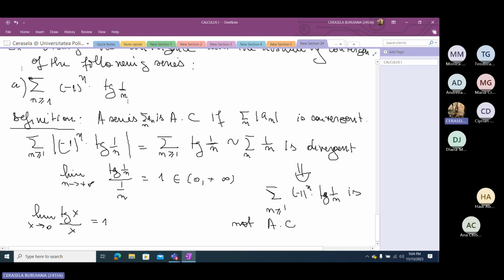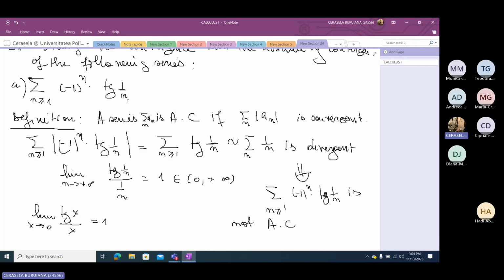To give an answer to this problem, I look at the series and I see that it's an alternating series. Now, because we have an alternating series, what can we use here? Leibniz. Exactly, we use the Leibniz test.